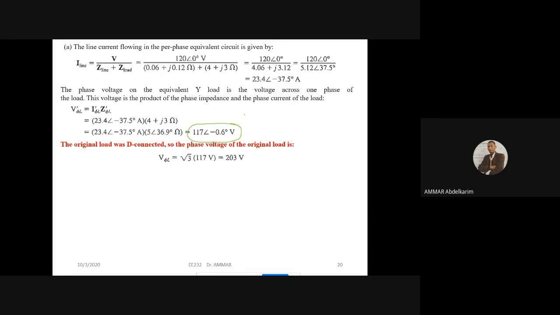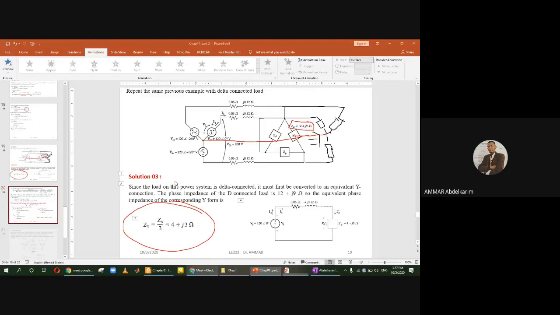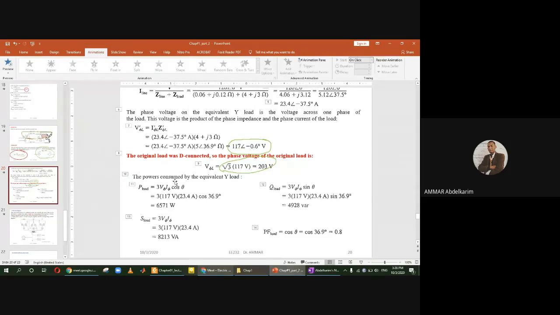But in the original delta connected system, it must be multiplied by square root of 3. Then we can calculate the power in a similar way.